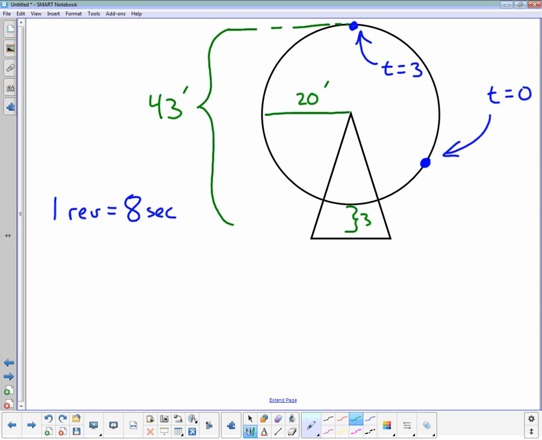Now, how do you do this? First of all, we have to begin thinking about what our variables A, B, C, and D are in the equation here.